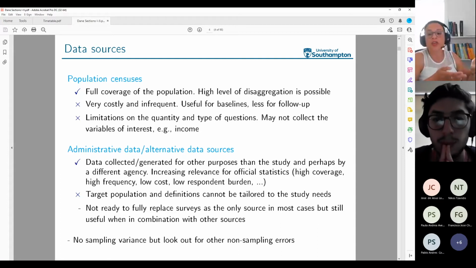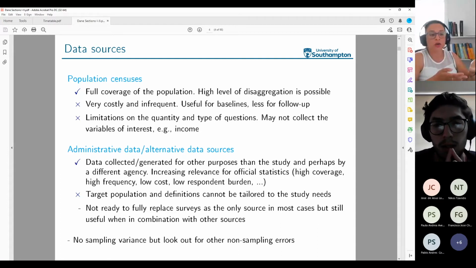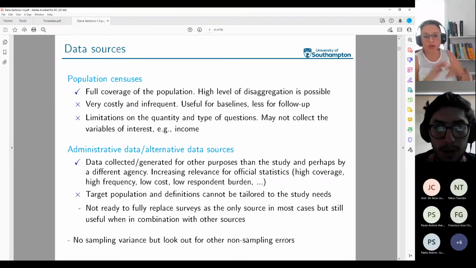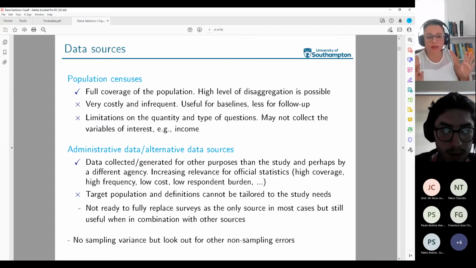Even if you think about employment, the way we ask employment in the labor force survey and in the census are completely different. In the labor force survey, you can afford 4 or 5 questions to filter who's employed and who's not. In the census, you have 1 or 2, that's it. You cannot afford to ask many more than that.